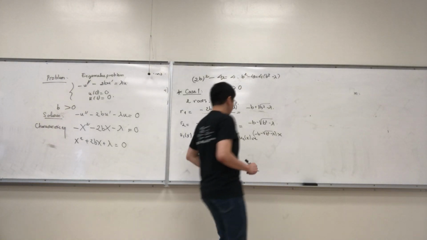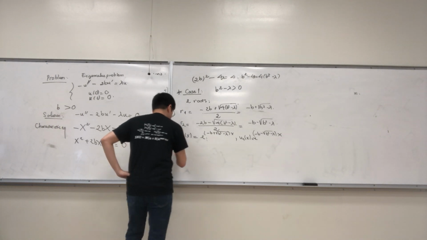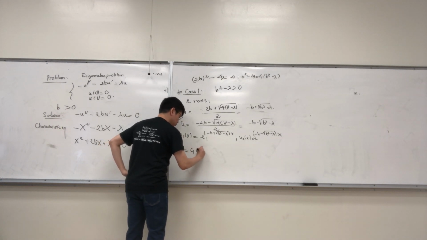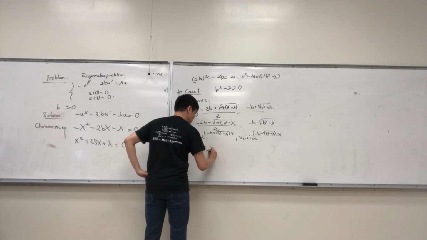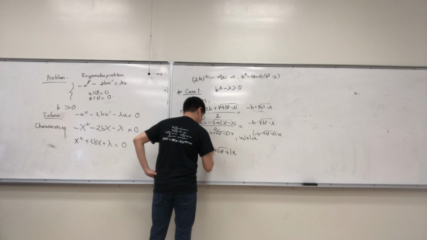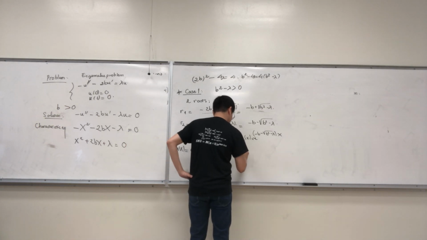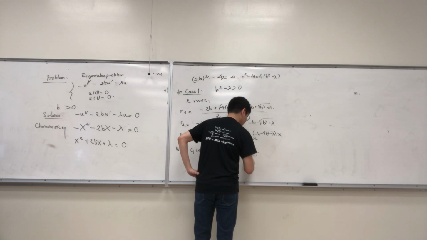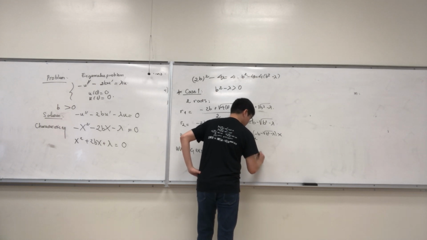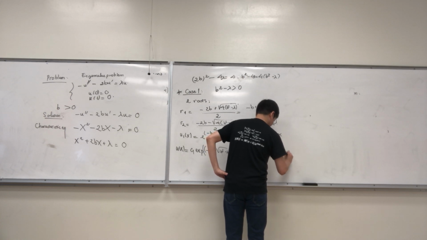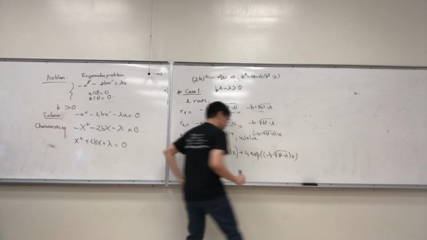Now, the general solution will be this one. So u of x will be c1 times the exponential of minus b plus the square root of b squared minus lambda times x, plus c2 u2 of x. So c2 times the exponential of minus b minus the square root of b squared minus lambda times x.